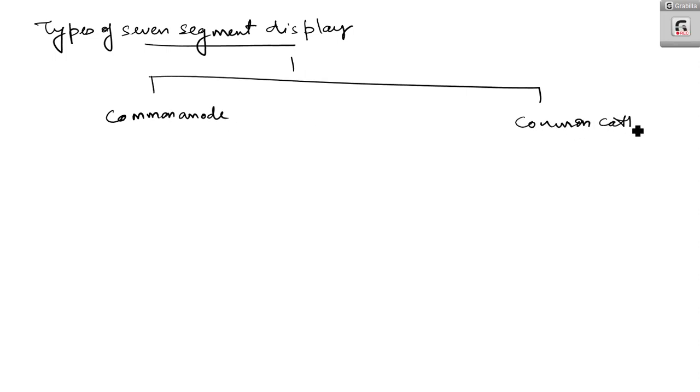In the common anode type, you have a VCC, a control voltage, and you have these 7 segments going out.